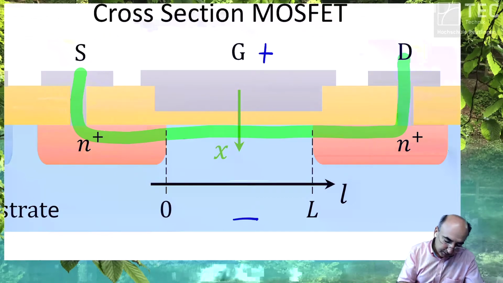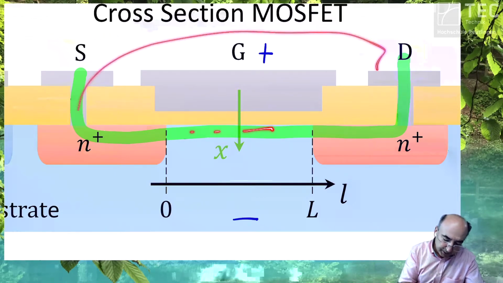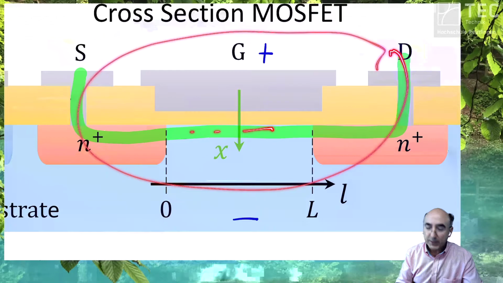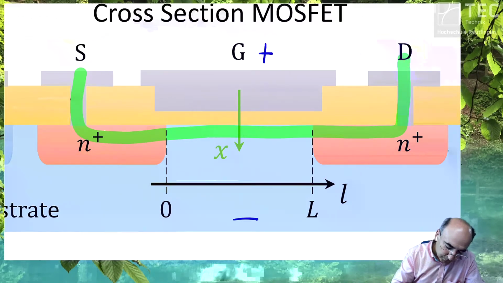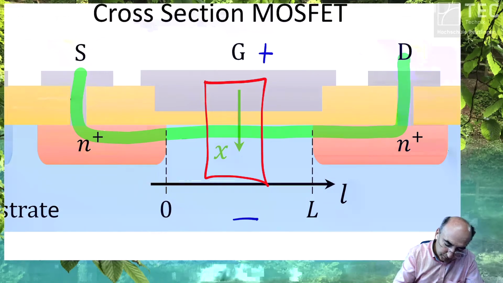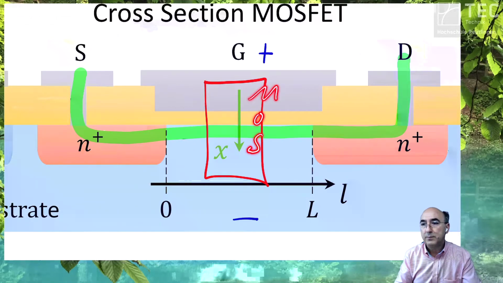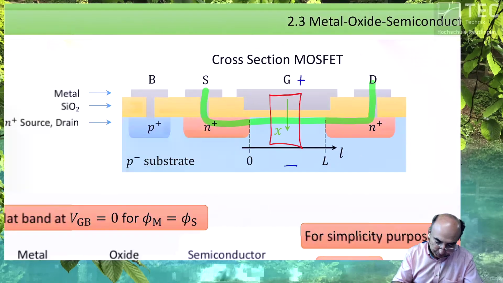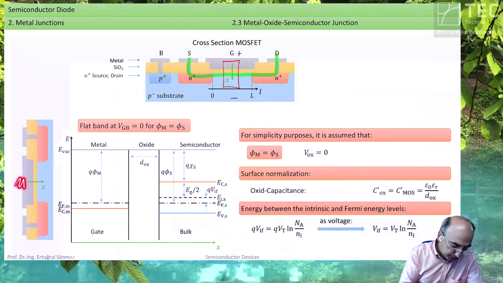To analyze this channel, we don't require the full device. We just need this cross section: metal, oxide, semiconductor. And this is also here: metal, oxide, semiconductor.